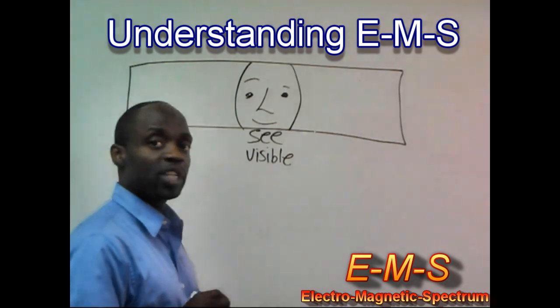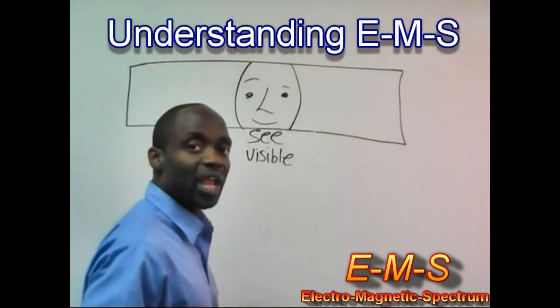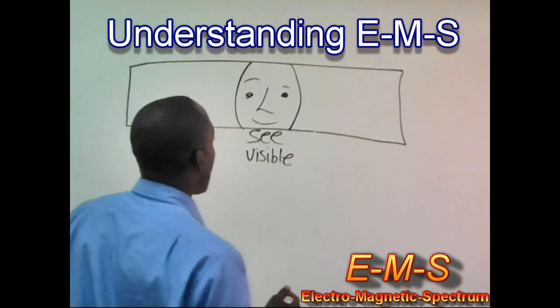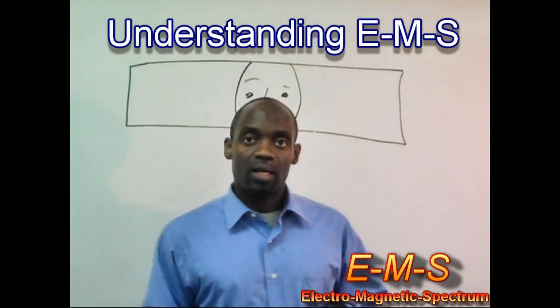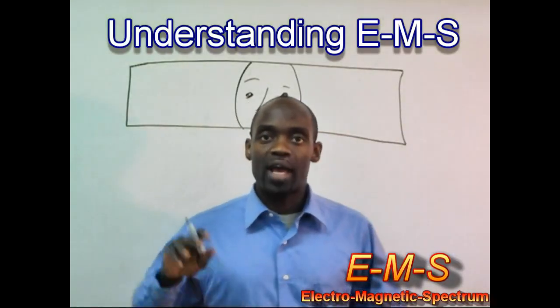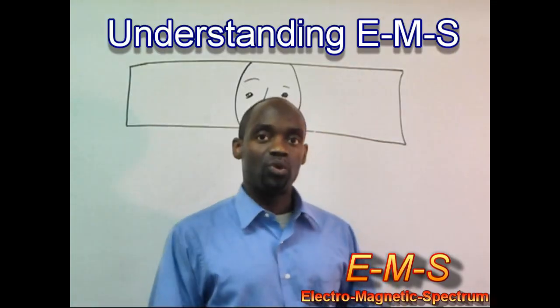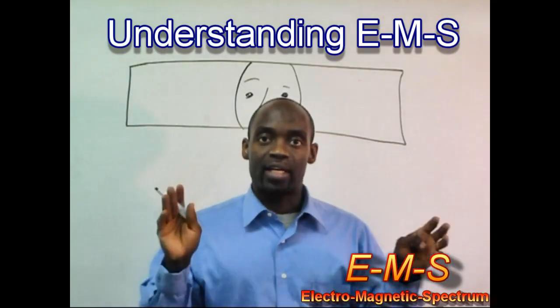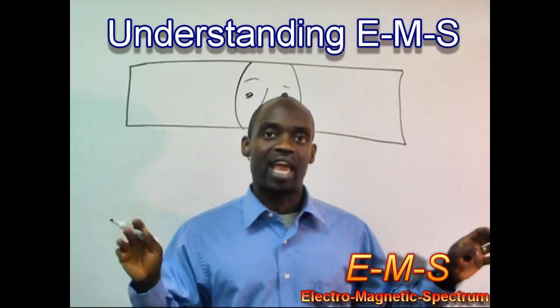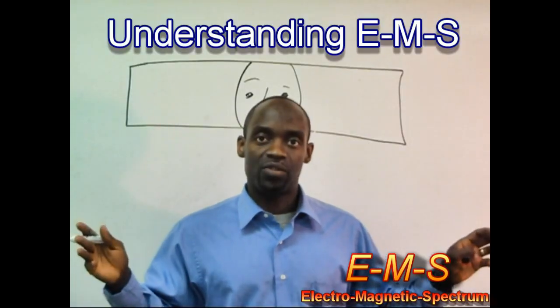That's the visible part of my spectrum, the only part that I know that I can see. To your left and to your right, you're blinded. You can't see any of these actual waves.